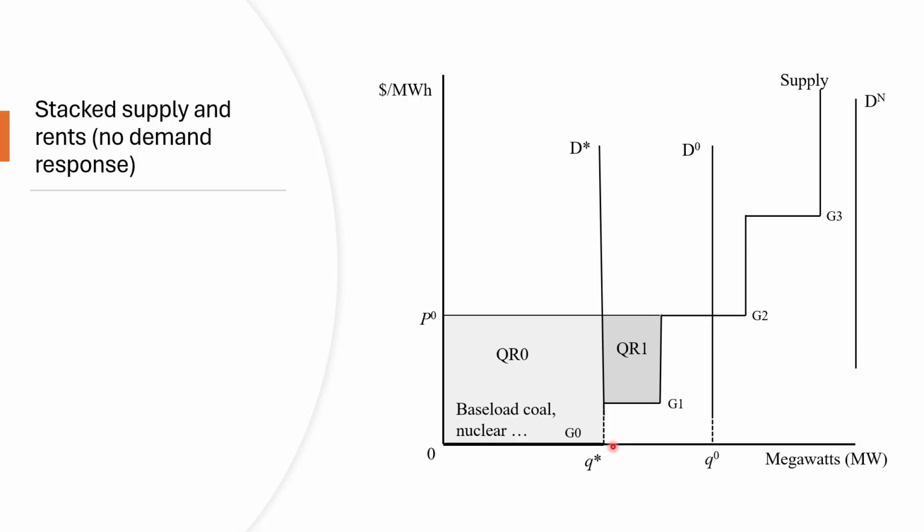So let's look at the supply stack, which is given by this line here, this jagged supply, and each horizontal segment represents a different marginal cost and a different generator or group of generators.